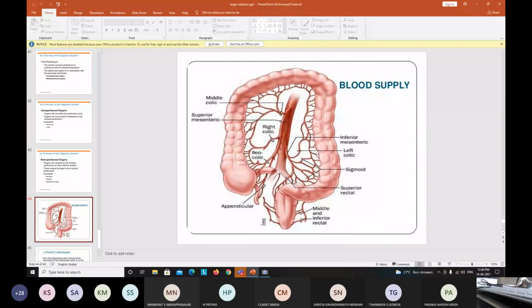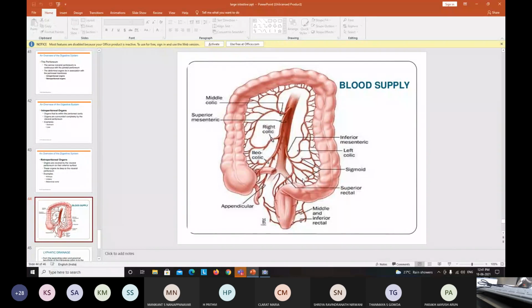Okay, got the point? You have to remember like this. First is superior mesenteric and inferior mesenteric. Superior mesenteric towards the right side: right colic, ileocolic and appendicular. Inferior mesenteric: left colic, sigmoid and superior rectal.